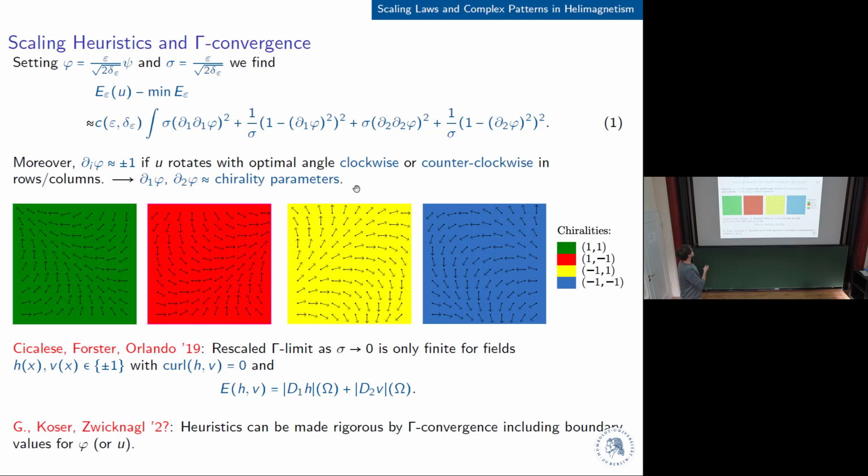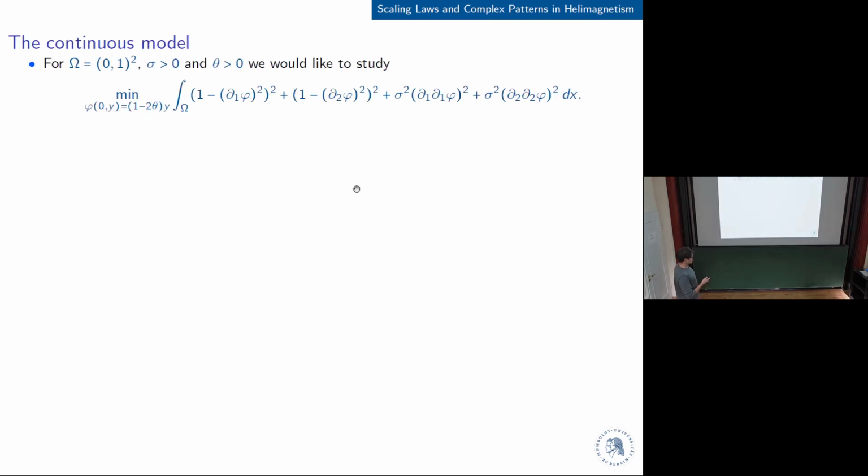Okay, so what I'm going to do from now on will be to look at this continuous energy and study essentially its behavior with respect to the parameter sigma, and a second parameter that we bring in through the boundary conditions. So we restrict ourselves to the unit square. Sigma is here positive. Theta is a parameter that moderates the boundary conditions.